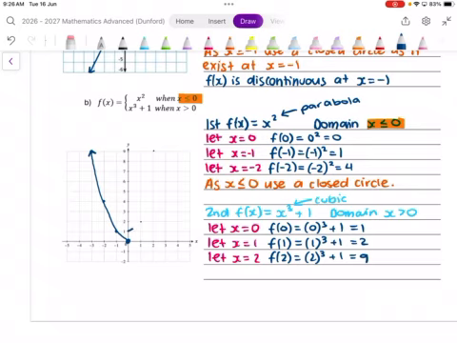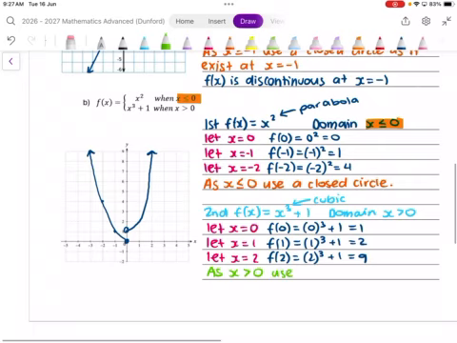Then what we have is a cubic, I've drawn that pretty badly, give me 2 seconds. Okay, like so, and we want to make sure there is a nice open circle there as x is just greater than 0.